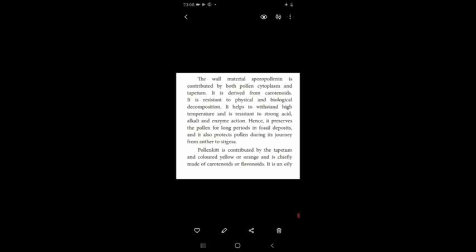The sporopollenin is also resistant to physical and biological decomposition, and it will withstand high temperature, and it is resistant to strong acid, alkali and enzyme action.